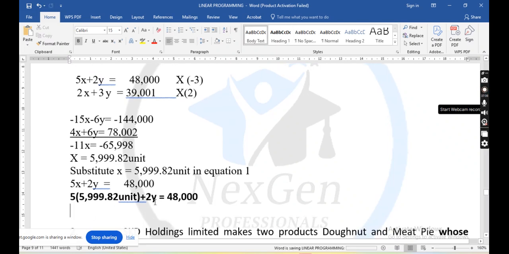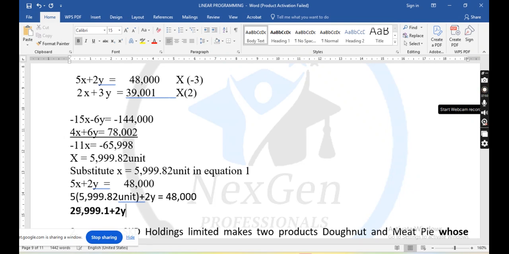So when you multiply this, what do you have? That's 29,999.10. So plus 2y equals 48,000.